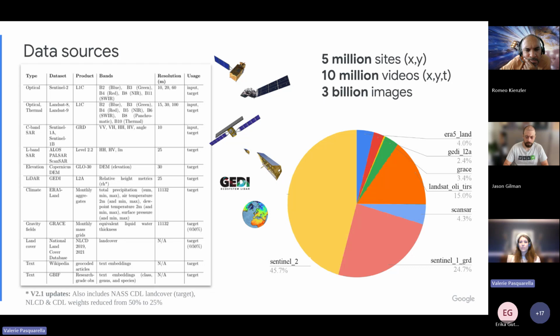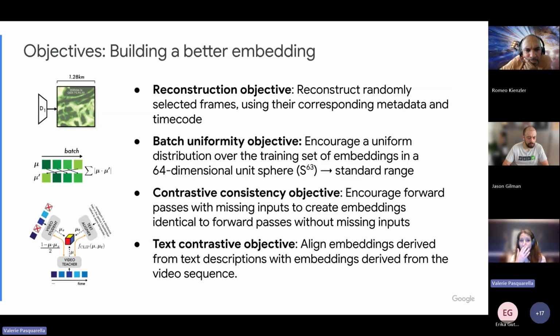For each of those sites, we sample 2 video clips. So we end up with about 10 million of these movies of our input and target images, for a total of 3 billion 1.28 by 1.28 kilometer images going into the pre-training part of this. So it's a really big pre-training data set.